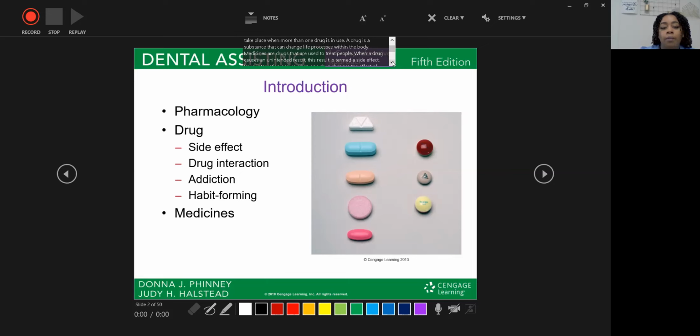So not all medicines that we receive will fix the problem. They sometimes have side effects. People have different allergies and side effects to medicine. With drug interaction, when it occurs, one drug changes the effect of another drug by increasing or decreasing the intended result of that drug.